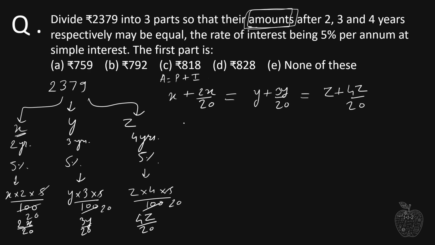So now let's simplify. Let's take LCM as 20. So 20x plus 2x is 22x over 20, 20y plus 3y is 23y over 20, and 20z plus 4z, we get 24z over 20. So the 20s get cancelled, and we are left with 22x equals 23y equals 24z.